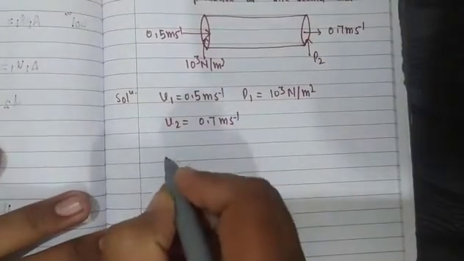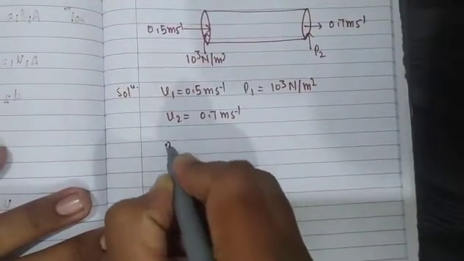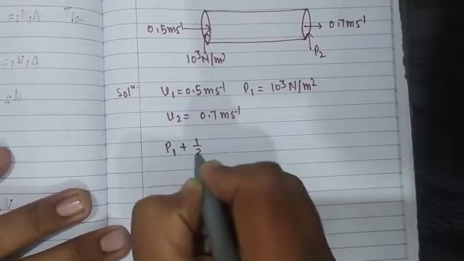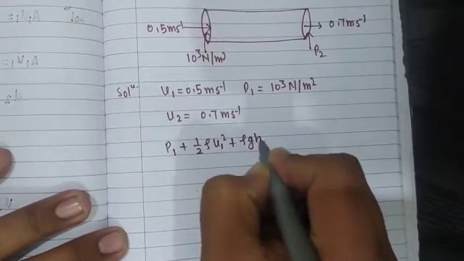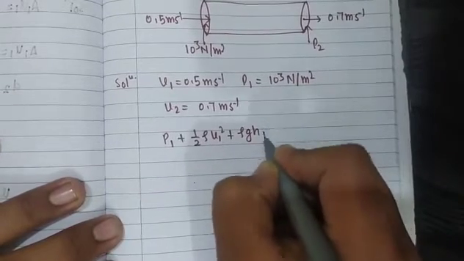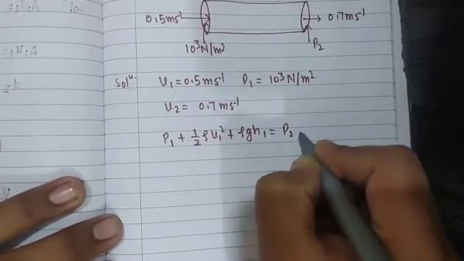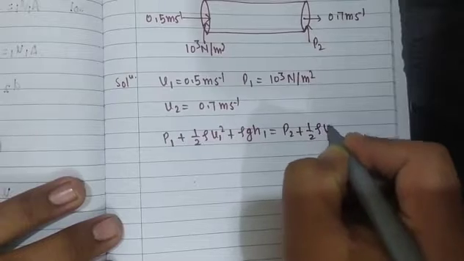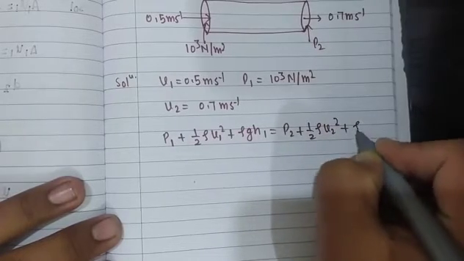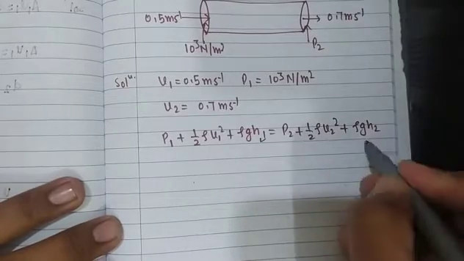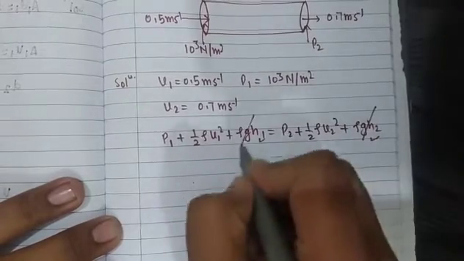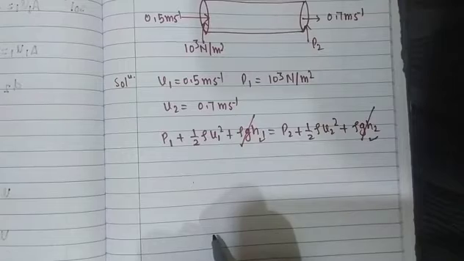So according to Bernoulli's theorem, P1 plus 1 by 2 rho V1 square plus rho g H1 is equal to P2 plus 1 by 2 rho V2 square plus rho g H2. As the tube is horizontal, so H1 will be equal to H2, and these two terms will cancel out.